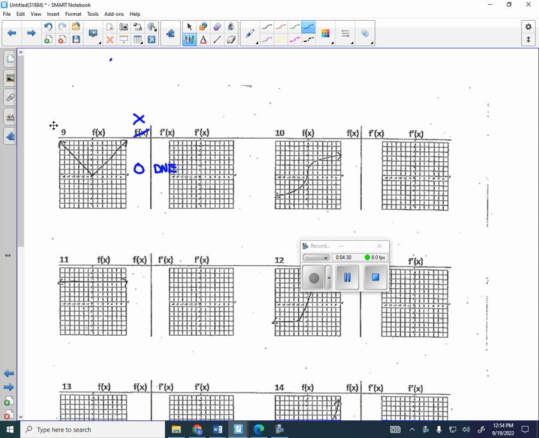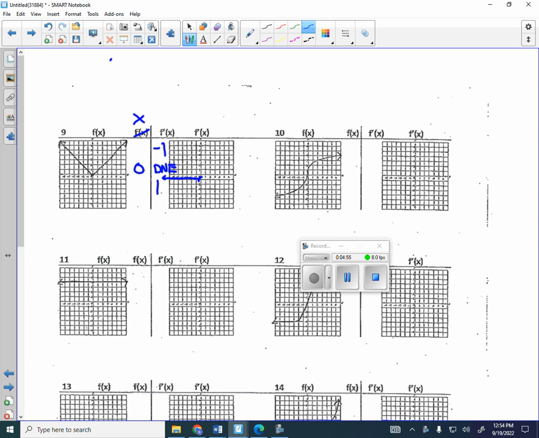People have been asking how high or how low do we go and why? Well, it's really hard to tell. So we've been making general sketches. But here it's very easy to tell that the slope is -1. So the slope is -1 before that. How about after that? It's +1. So therefore, I'm going to draw a line of -1. So it's just going to have a height of -1.